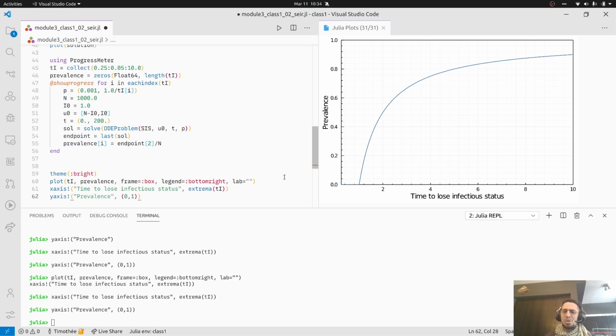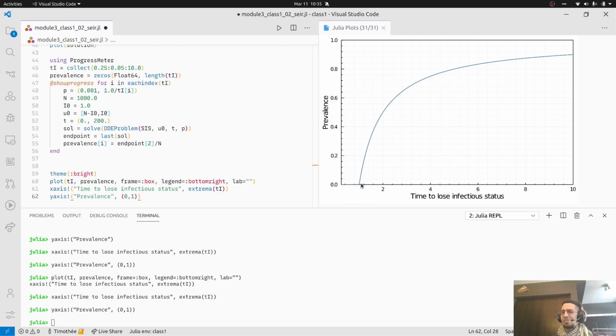Okay, so that is interesting, right? There is a threshold here below which the disease is not establishing. So what that means is that if you lose your infectious status fast enough relative to something that we'll get to think about in a minute, you are not going to be able to create new infections.